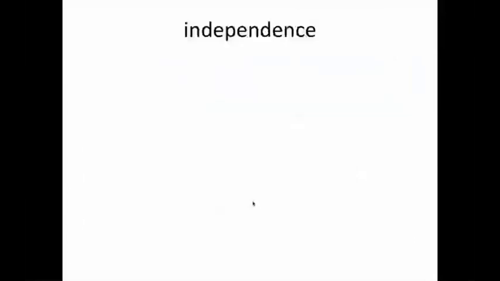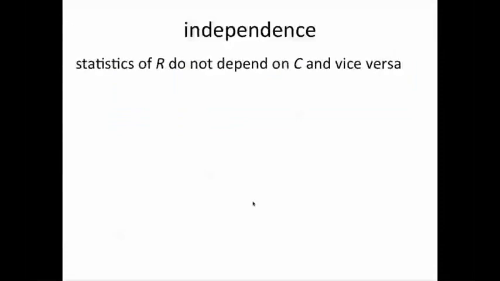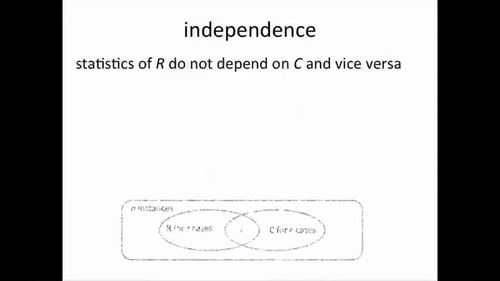Before we can do machine learning using Bayesian techniques, we need one more important concept, that is independence. Think about two words like red and cheap. As before, we have r equal to yes for r queries, cheap equal to yes for c cases, and in i cases both keywords are present.